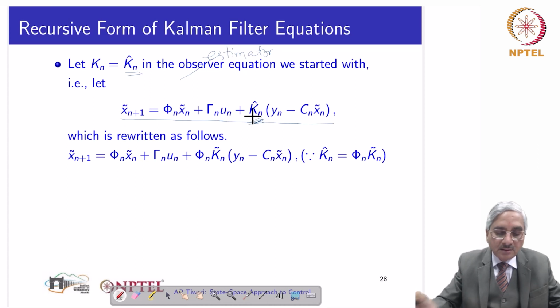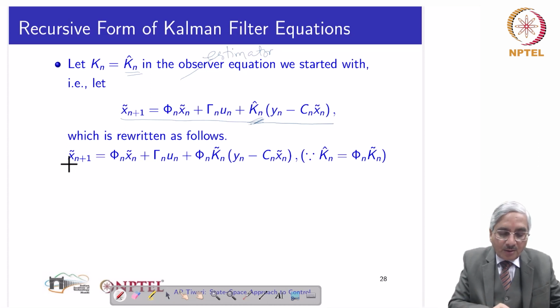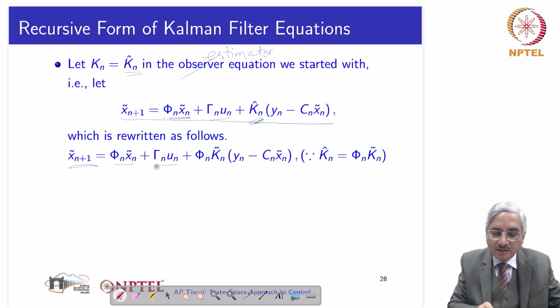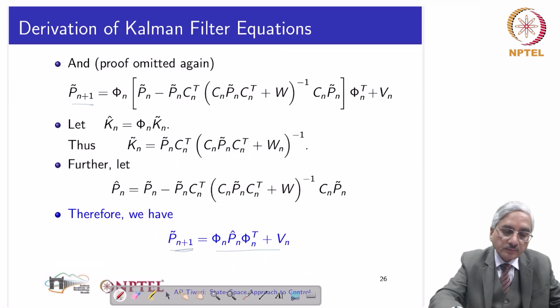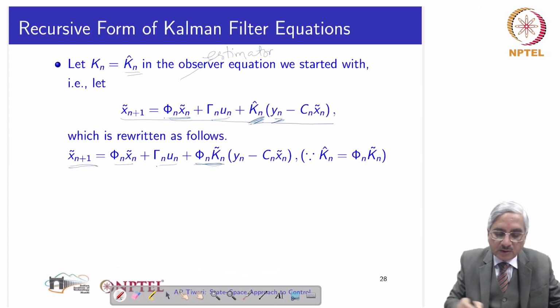And then phi n xn hat as it is, gamma and un as it is, and in place of Kn hat, we write phi n Kn tilde. It was there in the previous slide. Here, Kn hat is phi n Kn tilde. So that substitution we make.